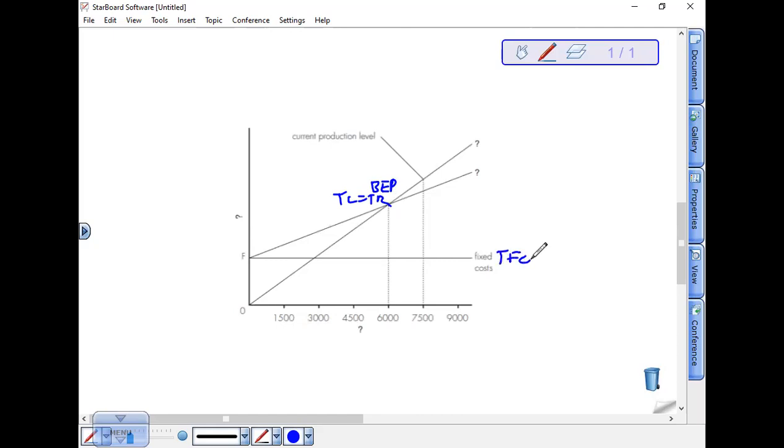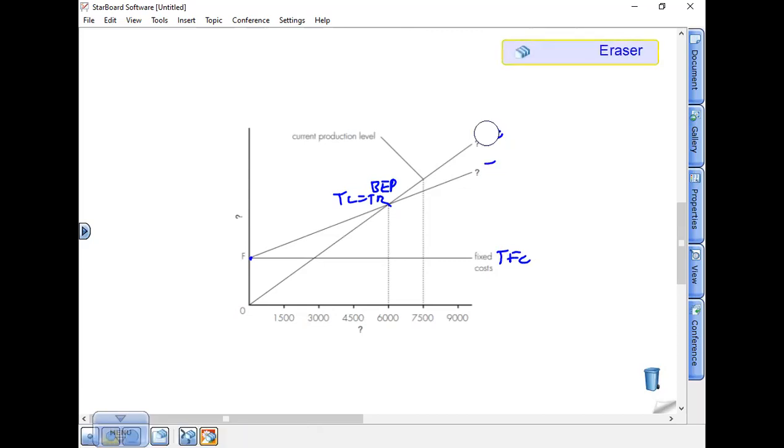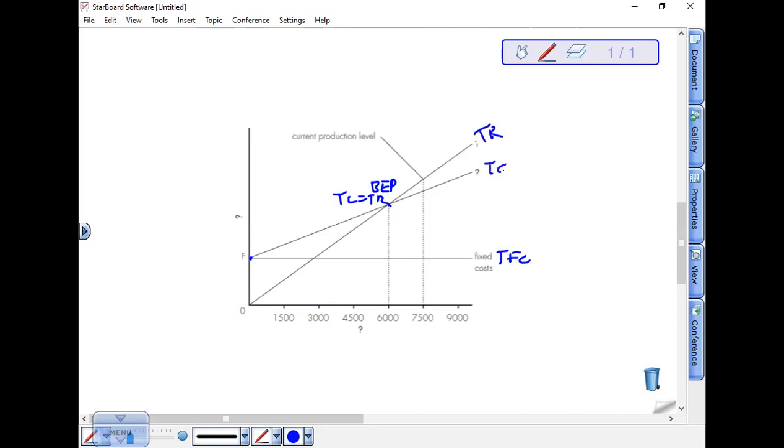The curve which is starting from fixed cost, moving this way, is the total cost curve. I'm sorry, the curve which is starting from 0 onward is the total revenue curve, and this is the total cost curve because it is starting from fixed cost.